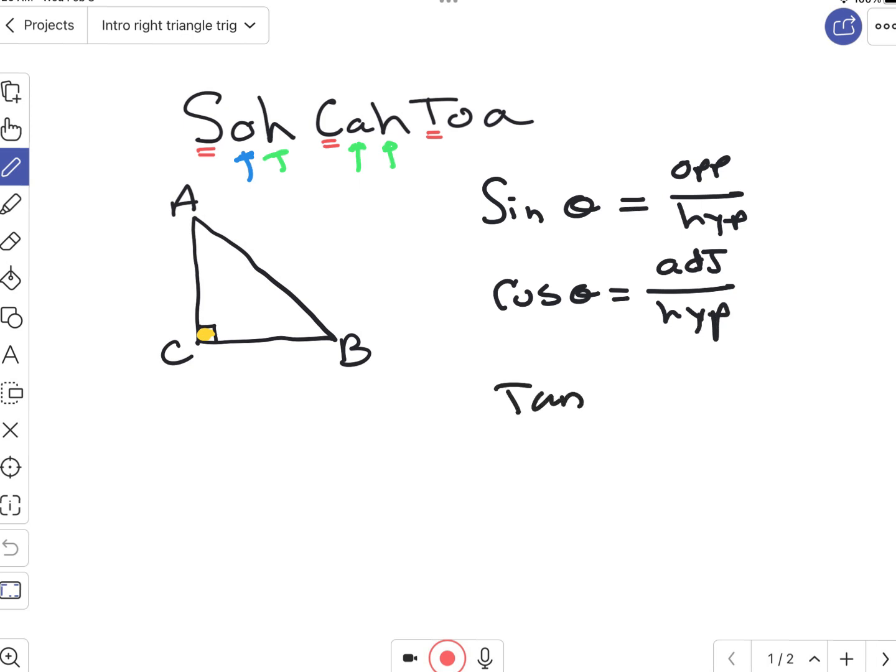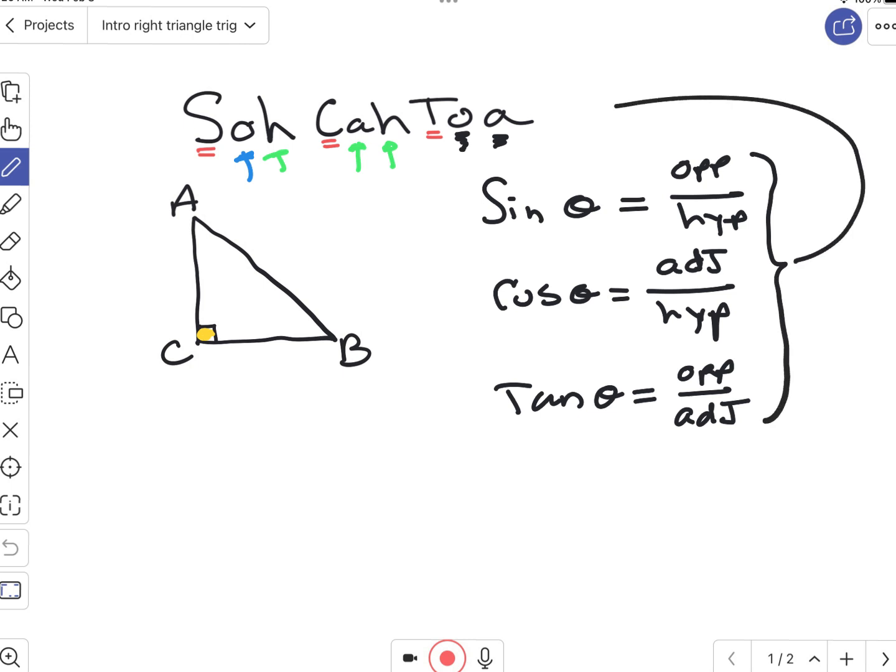And tangent, or tan, but we call it tangent. We never say sin or cos, we call it sine, cosine, tangent. Tangent is the opposite side over the adjacent. So how long is the opposite side compared to how long is the adjacent side? So these are the ratios that you need to remember: sine, cosine, and tangent.